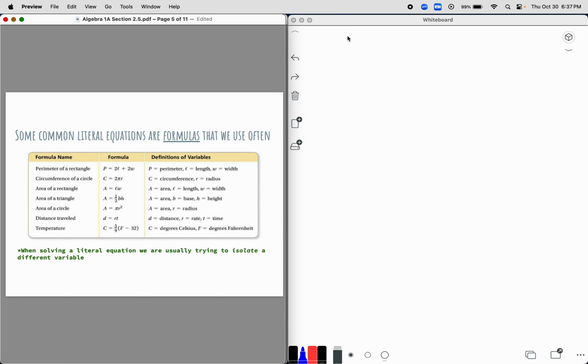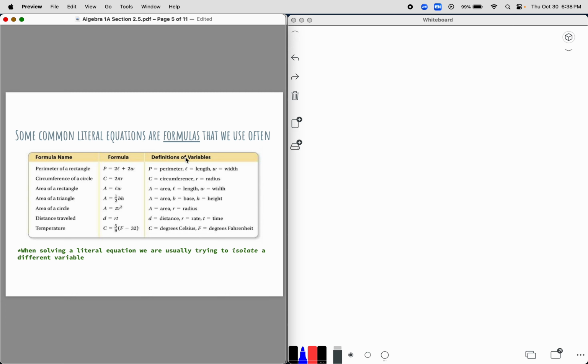Here are some classic examples of literal equations. Here we have the perimeter of a rectangle, which is 2L plus 2W equals P for perimeter. Circumference of a circle, 2 times pi times the radius, r, equals C, circumference. Then we have area of the rectangle, A equals L times W, length times width. Area of a triangle, A equals 1/2 B times H, base times the height.